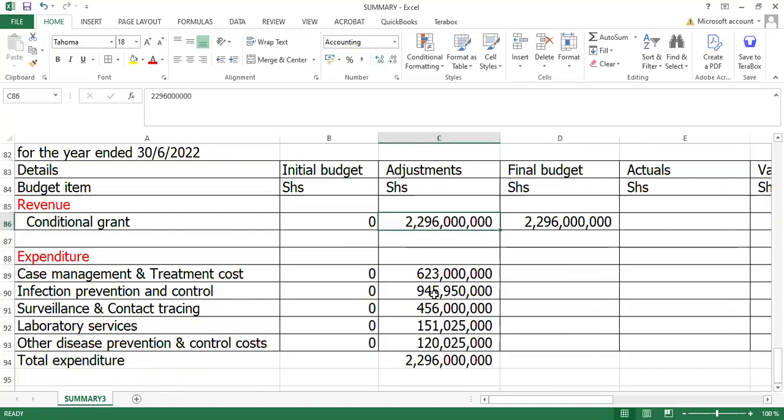But now we are increasing the budget. This adjustment column could be that you're reducing the budget or you are increasing the budget. So here you can simply copy and paste.